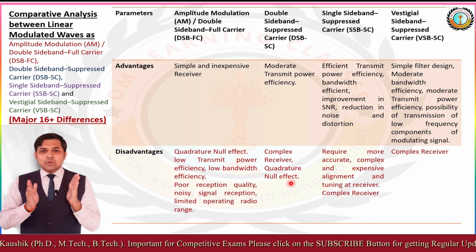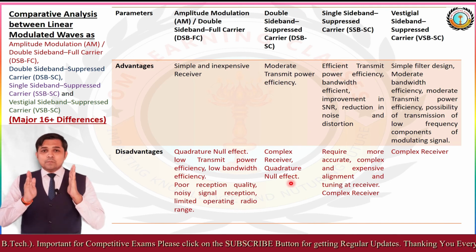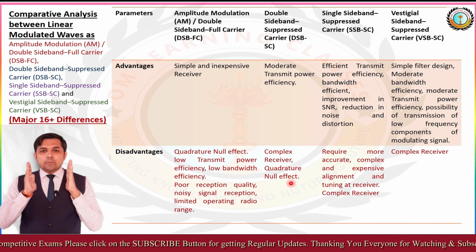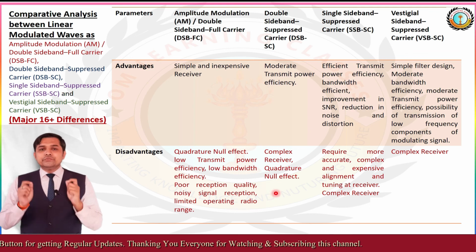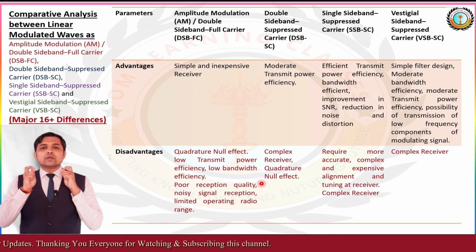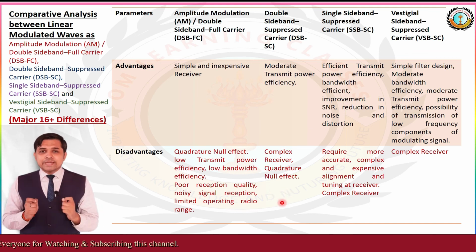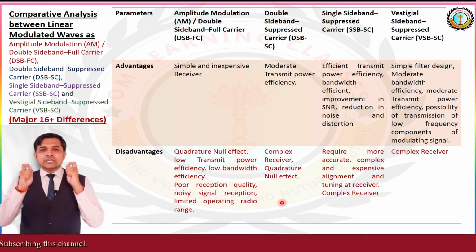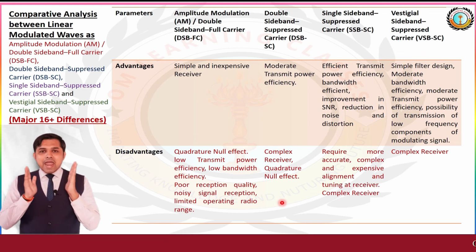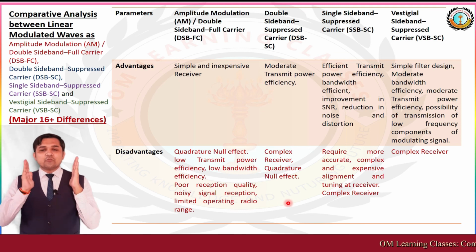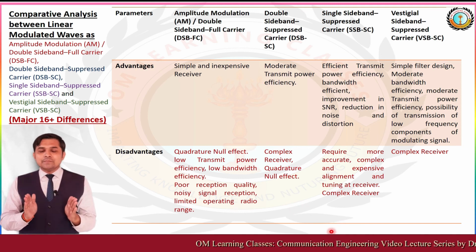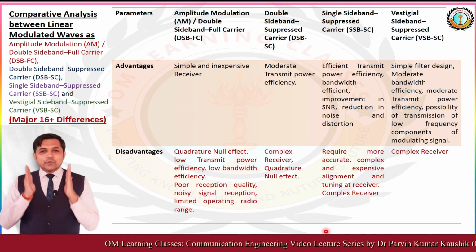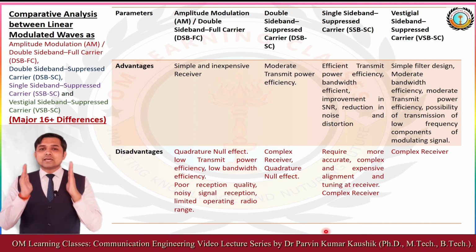So these more than 15 important and major comparative points will give you a good learning experience in communication engineering. And all these points are very important for your semester exam as well as for your competitive exam.